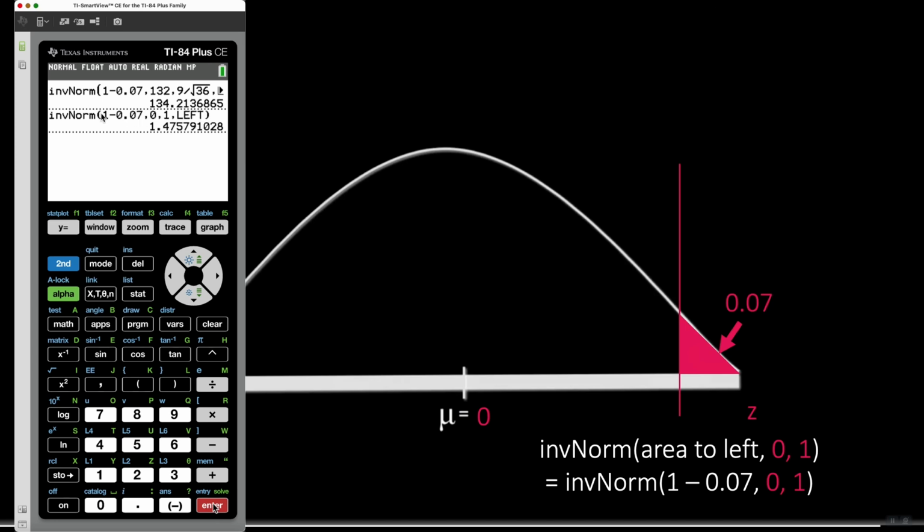But most of you don't have that option. And so just 1 minus 0.07, 0 and 1 is what you would use in that case. And so I just kind of always leave it the same and do left.